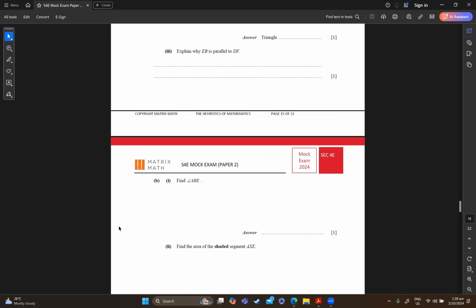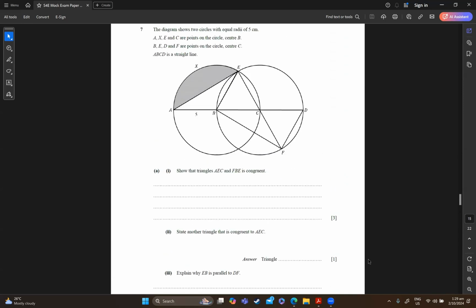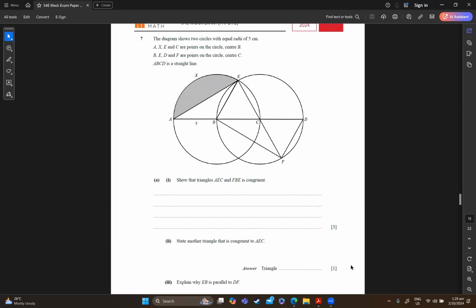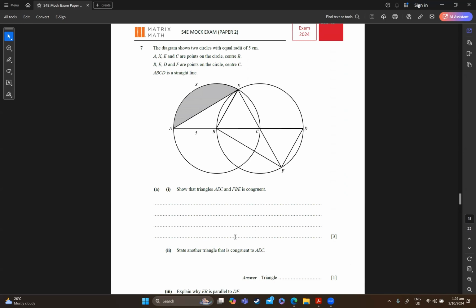Okay, B part one, find ABE. So they want you to find what this angle is, right? Earlier on, we wrote down that the other triangle congruent to AEC is BFD, correct?